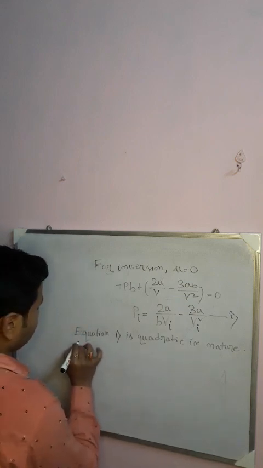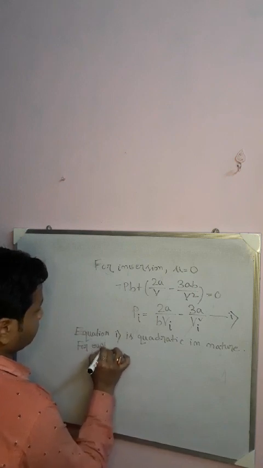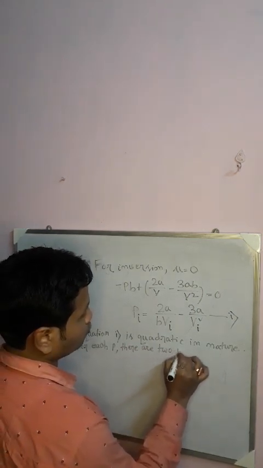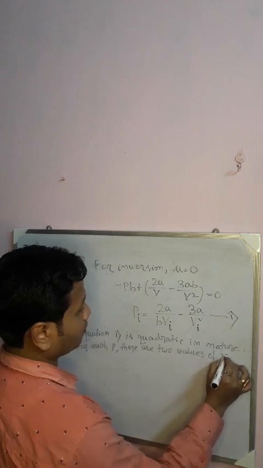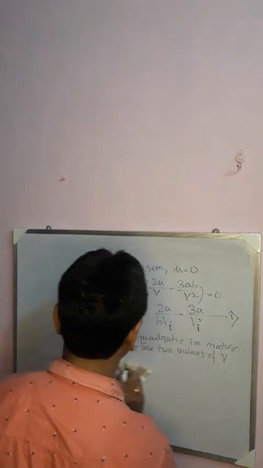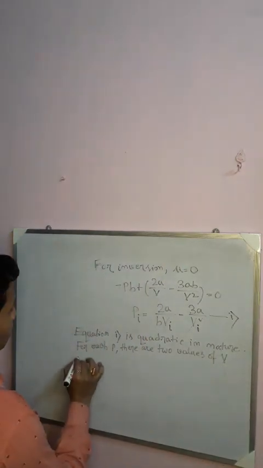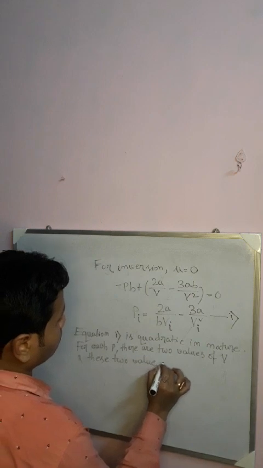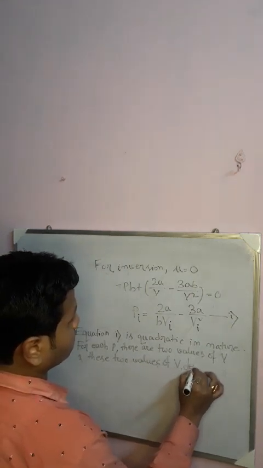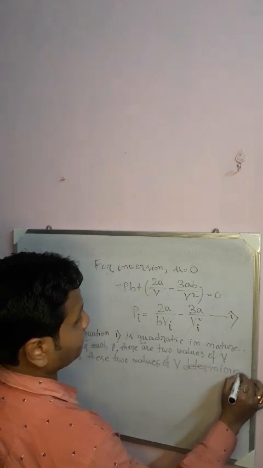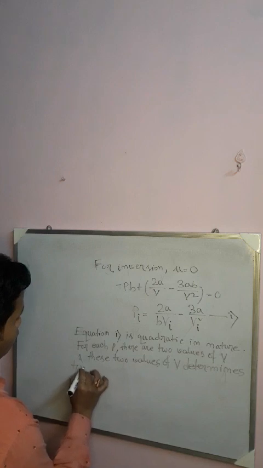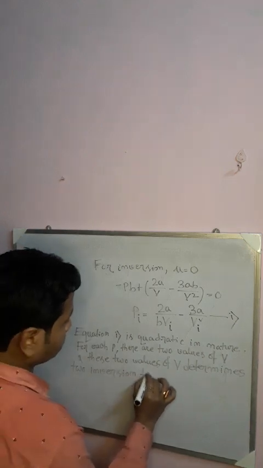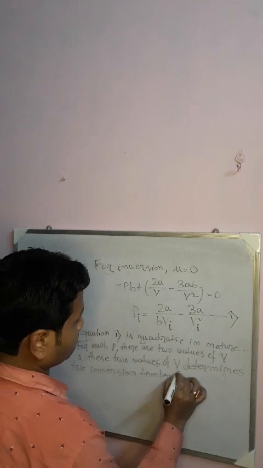So for each P there are two values of V, and these two values of V determine two inversion temperatures.